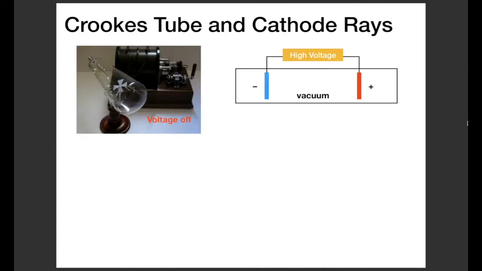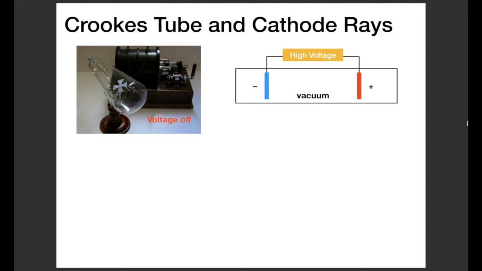Presented here is a schematic of a cathode ray tube and a picture of an actual cathode ray tube. A cathode ray tube is a glass tube that's been evacuated of air. It has two metal plates, a negatively charged plate and a positively charged plate. Those charges are generated from a high voltage source.